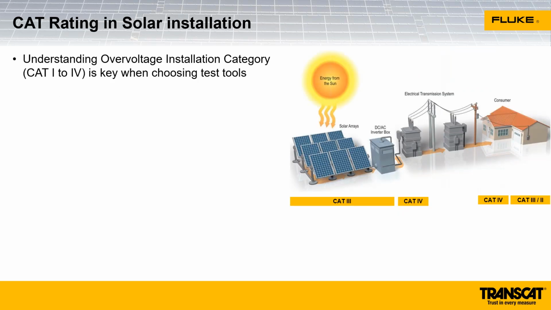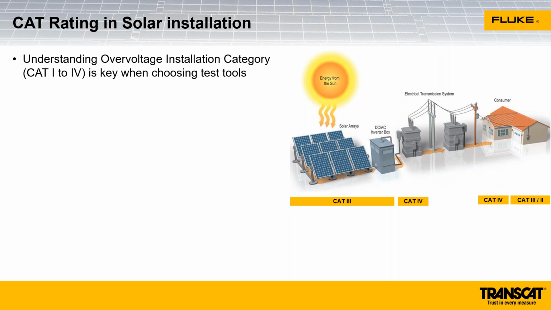So how do we know if our test equipment is rated for those environments? First, we need to know what category of environment we are working in, and they go from category 1 to 4. Categories that we most typically see in solar installations are category 4, which is the highest category rating and is the work environment that is closest to the electrical utility. This would be utility meters, transformers, main load centers right at the point of the main disconnect.